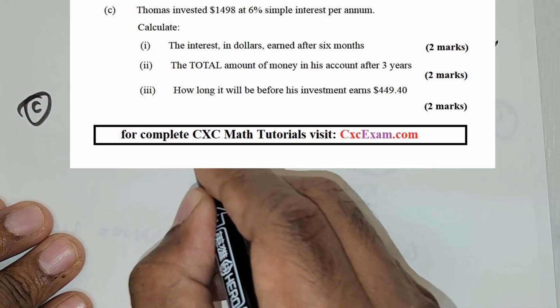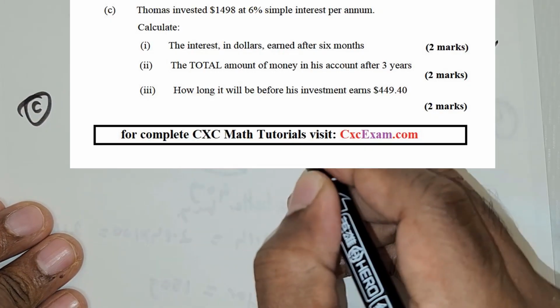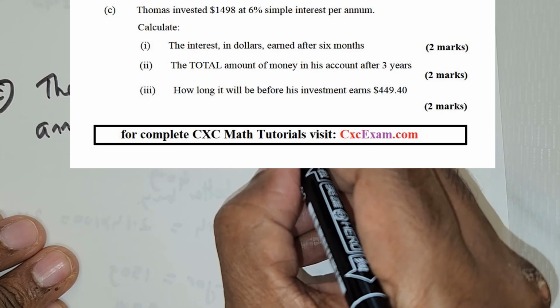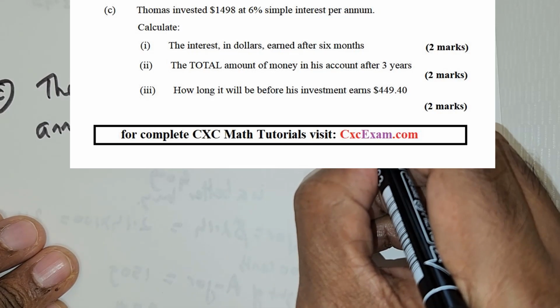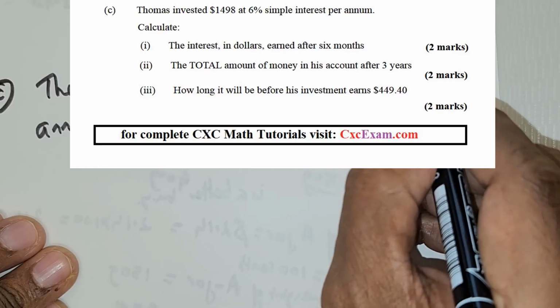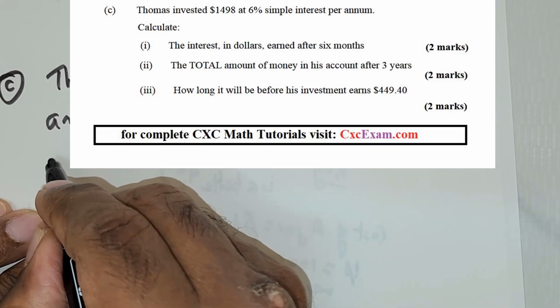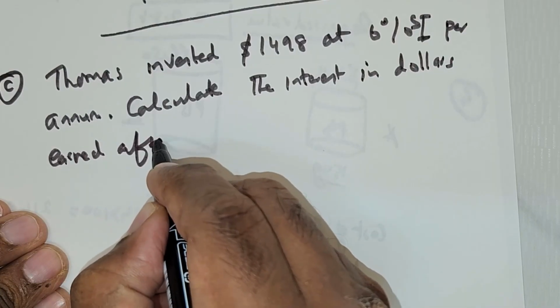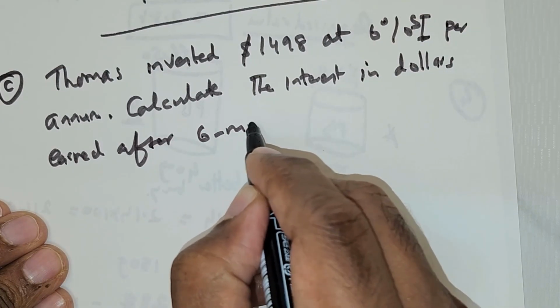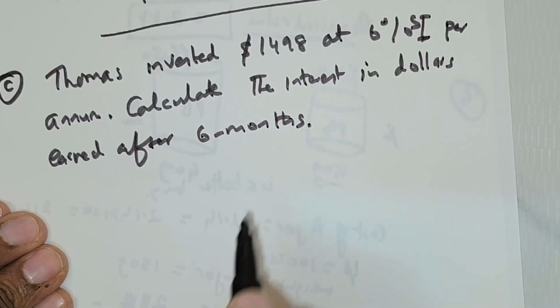So now we are expected to calculate the interest in dollars earned after 6 months.